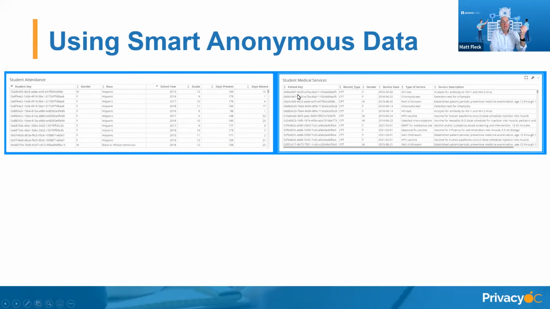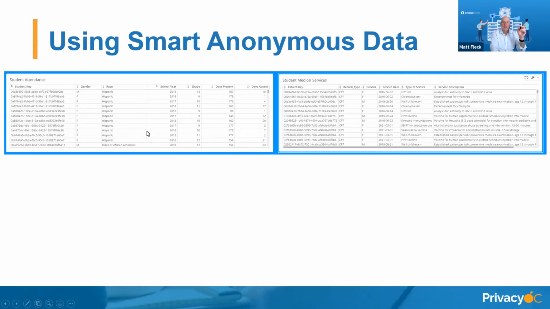Both of these, the patient key and the student key, are poly IDs. They're UUIDs. There is no intelligence in there. You can show this number to anyone. It doesn't exist in any system on the planet with the actual identifying information. It's multiple valued. It doesn't exist anyplace else.